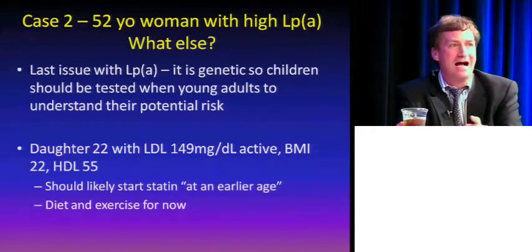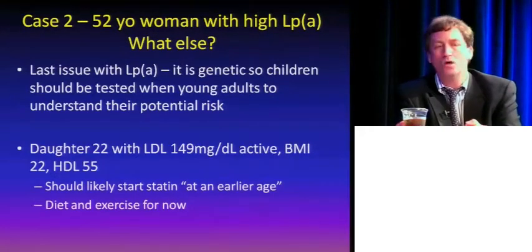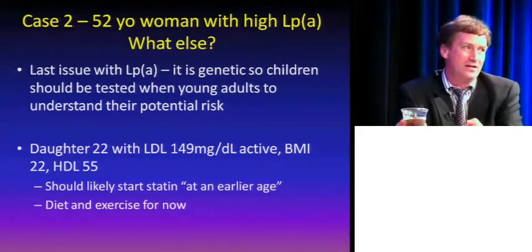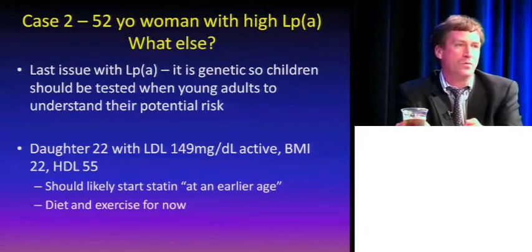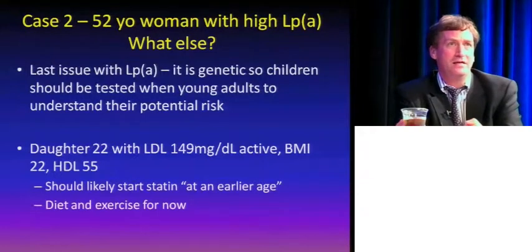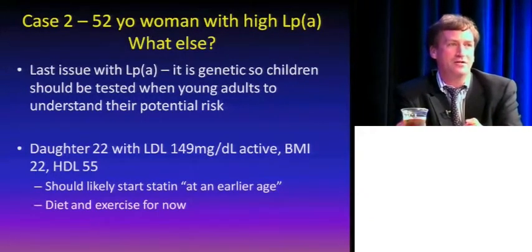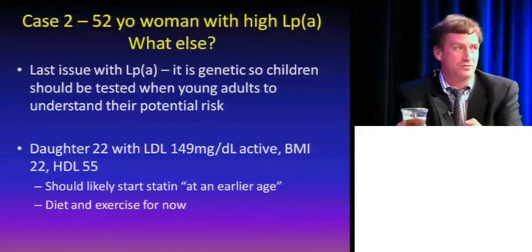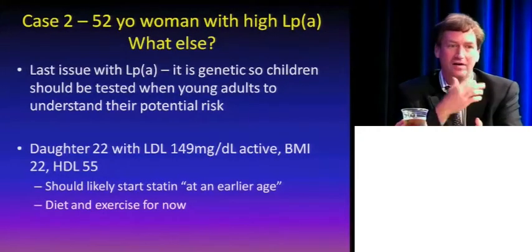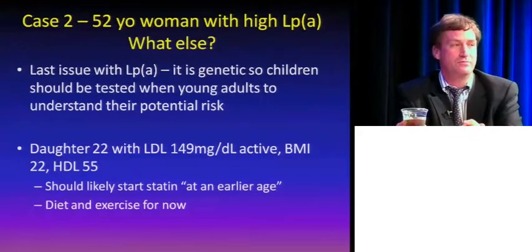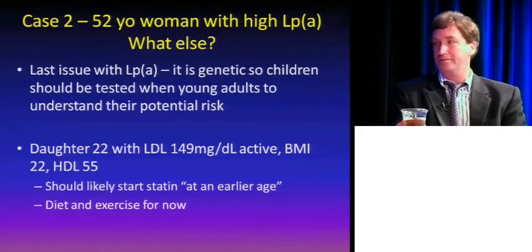If it were a guy rather than a woman, I would start the statin now, or I'd try and twist her arm to get it started. With a woman, because of the issues with statins in pregnancy, I would wait. Okay? Once they have decided to become monogamous and for sure use birth control, etc., then I would start them on a statin, or when they've stopped having children, I would start them on a statin. For now, it was diet and exercise, although she was a pretty healthy-looking woman.